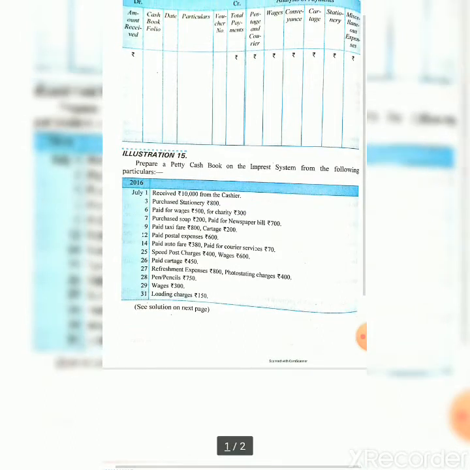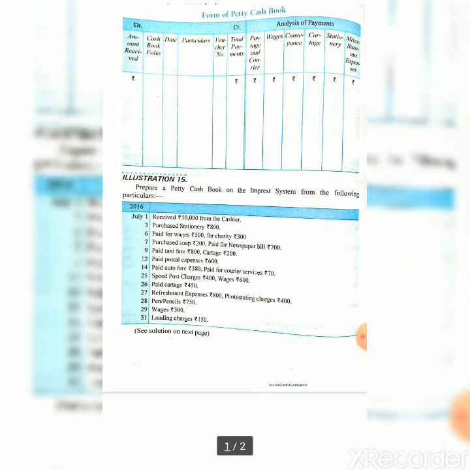So under the imprest system, a particular balance is maintained, and at the start of each month, that balance has to be debited to the petty cash book. For example, suppose you are given 1,000 rupees for your pocket expenses by your guardian or parents.